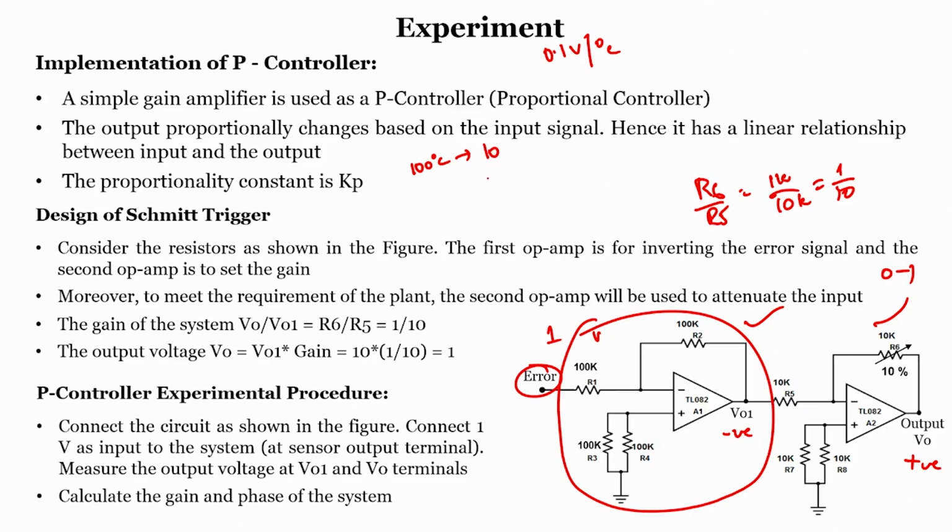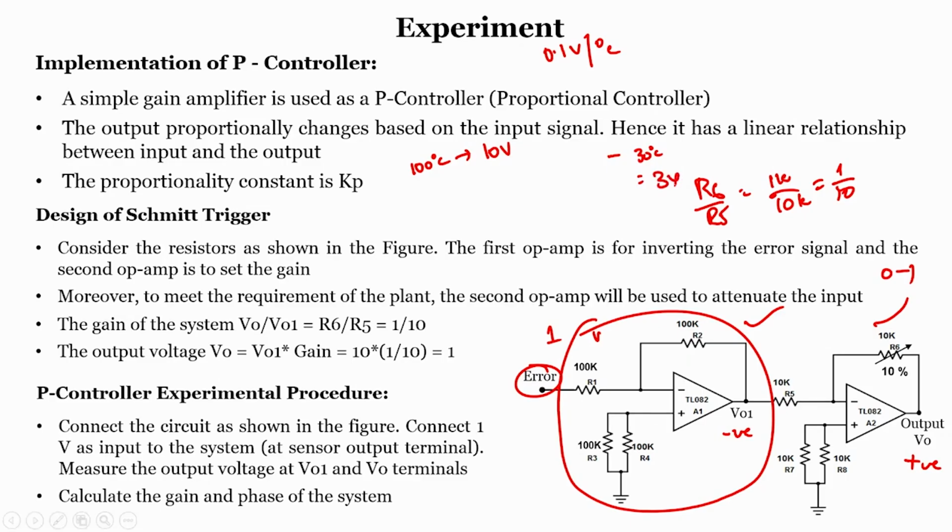That means when we apply 10 volts as an input, we are asking to maintain the temperature at 100 degrees. Let us take 10 volts, and the set point is somewhere around 30 degrees, sorry, 30 degrees meaning 3 volts.